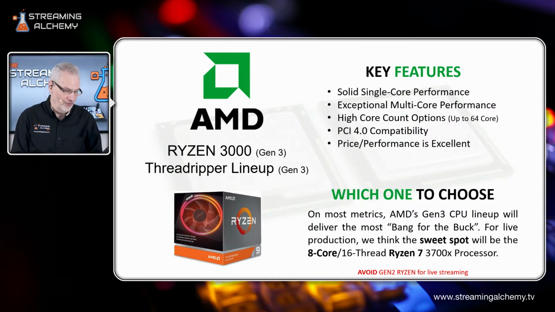I'm making a point here that I'm talking about the Gen 3 processors, because there's also the 2700, which is their Gen 2 processors, and that's something that I would not go for. There are architectural improvements that were made that really avoid some bottlenecks that were in the older Gen 2s. So as a processor, I think it would be excellent for almost everyone that has general purpose live streaming needs, on the higher, more complicated end of the spectrum there.